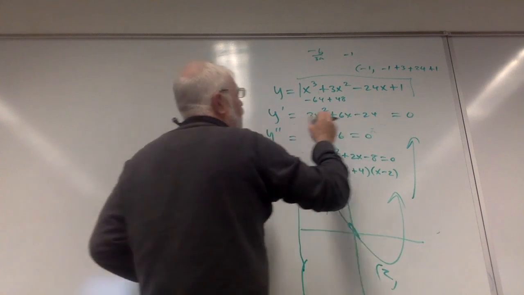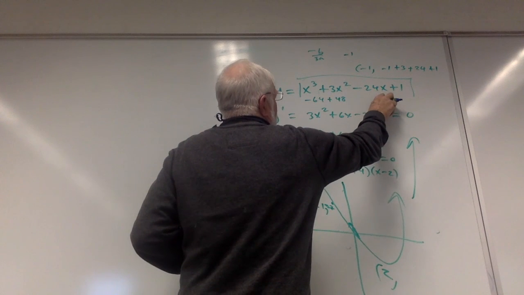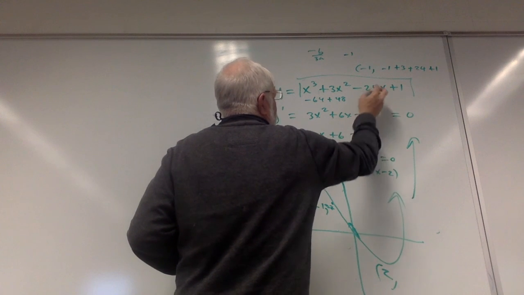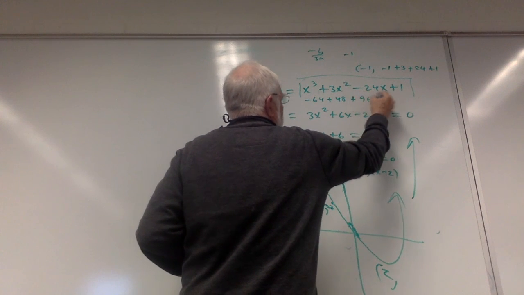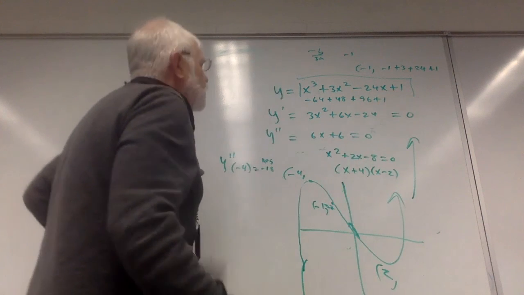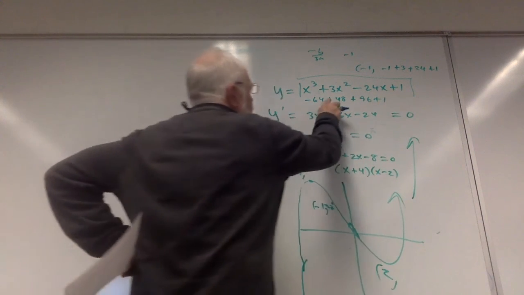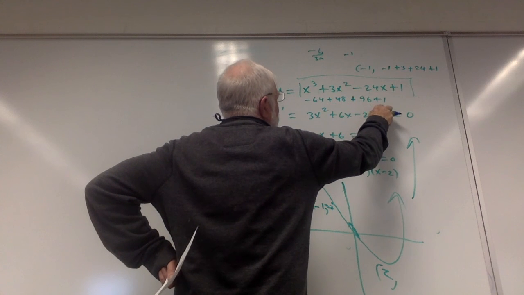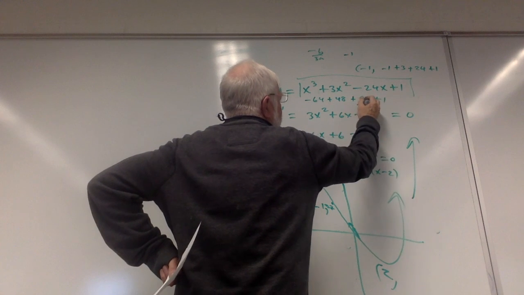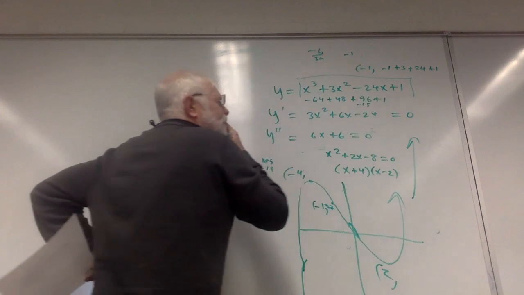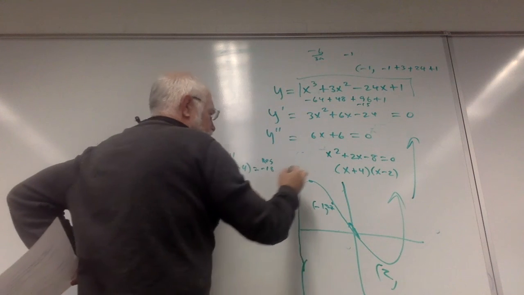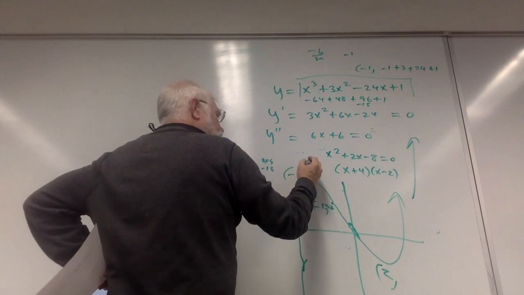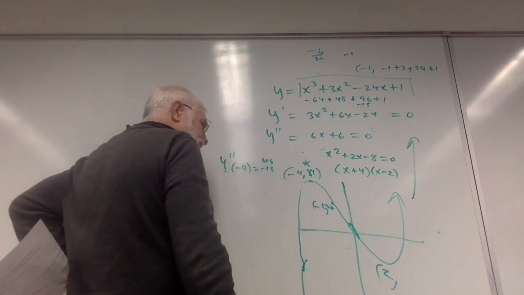Negative 64 plus 48, minus 96, so that's positive 96 plus 1. That's going to be negative 16 plus 1, negative 15. Go down 15, and we're at 81, I believe. I believe that is the local max.